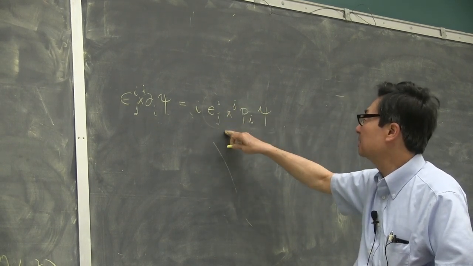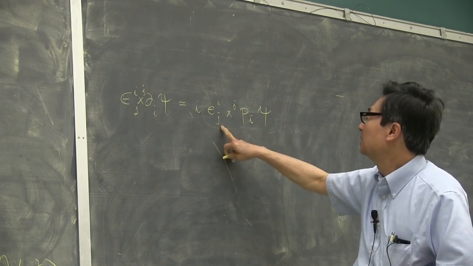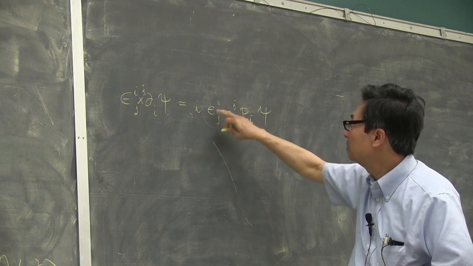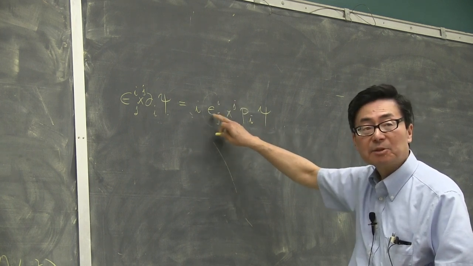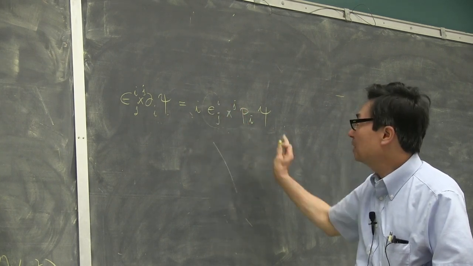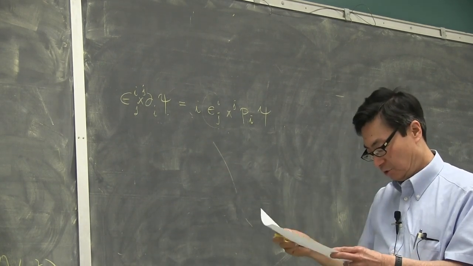Well, there's 6 possibilities actually. i cannot be equal to j, right? When i is equal to j, the epsilon is equal to 0. So it's either epsilon 12, epsilon 21, epsilon 13, epsilon 31, and epsilon 23, epsilon 32. But one of them is a negative of the other, okay? Because the epsilon matrix is anti-symmetric.